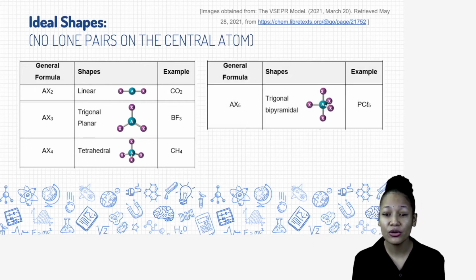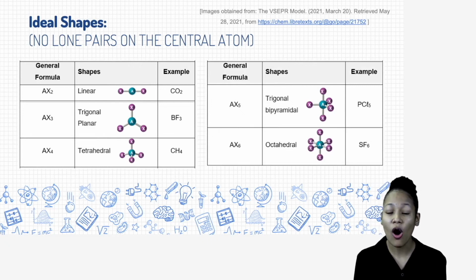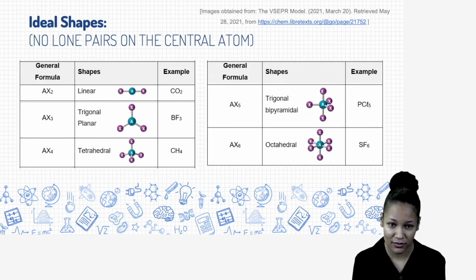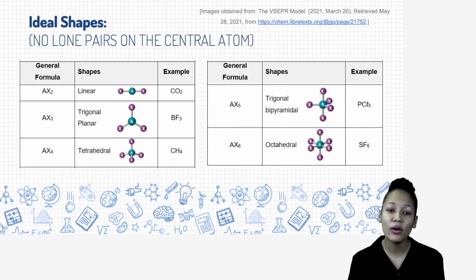We have trigonal bipyramidal, which is AX5, and octahedral, which is AX6. Again, I would like to emphasize that the lone pairs that we are speaking about are those on the central atom. There may be lone pairs on the terminal atoms, that is fine, but the reason why we call these the ideal shapes, amongst other things, is because on the central atom there are no lone pairs.